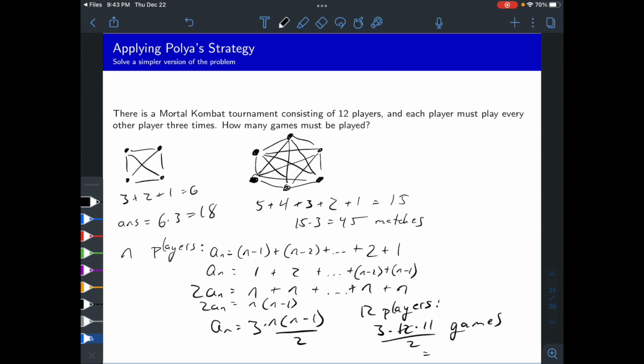I can take half of 12 to make that a 6. 3 times 6 times 11. That's the same as 3 times 66. It's 180 plus 18. That is 198 games, I believe, if I'm doing my arithmetic correctly in my head. Okay, so 198 games.